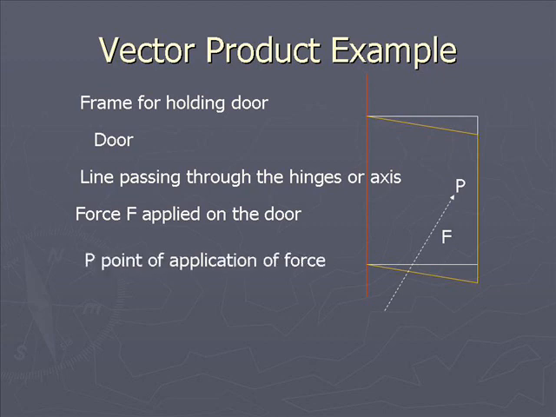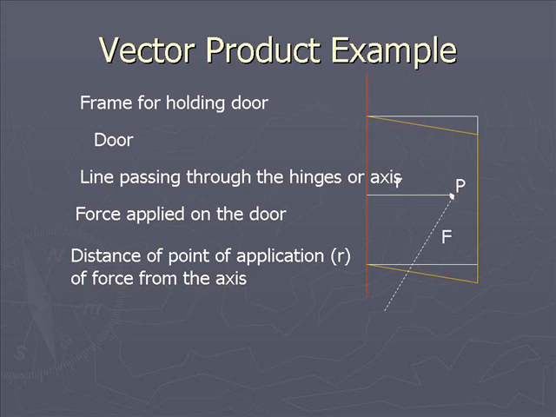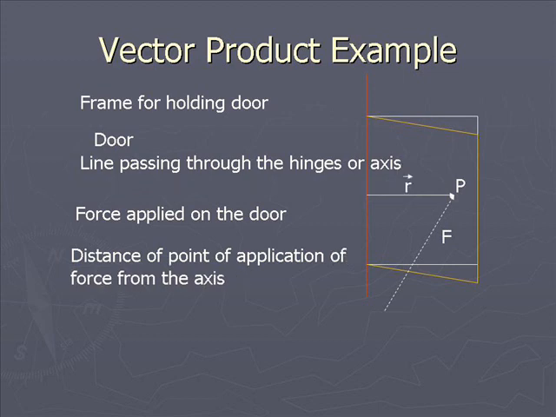P is the point at which the force is applied. And R is the perpendicular distance from the axis of rotation to the point of application of force P.